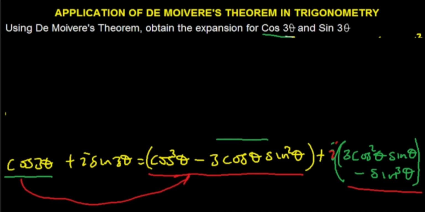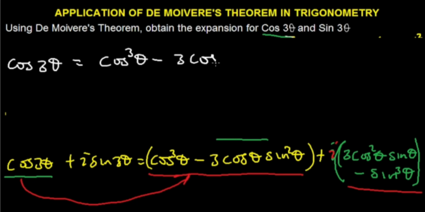watch this, cos 3 theta is equal to what? Just the real part, cos cube theta minus 3 cos theta sine square theta.